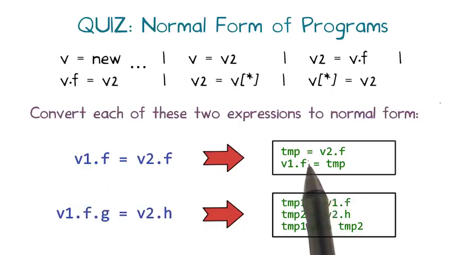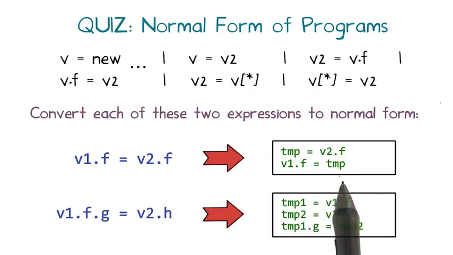Therefore, we need both a field read statement and a field write statement to capture this entire operation. I'll first assign the contents of v2.f to temp, and then I'll assign the contents of temp to v1.f. For the second statement, v1.f.g is assigned v2.h, we'll need more than two simple statements.